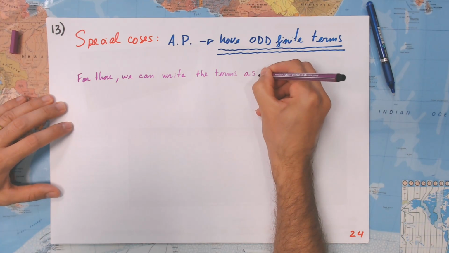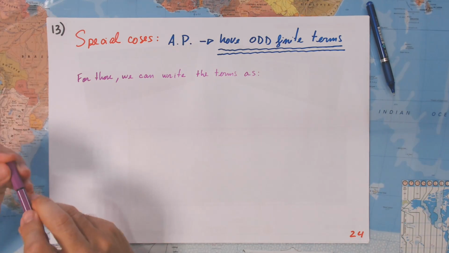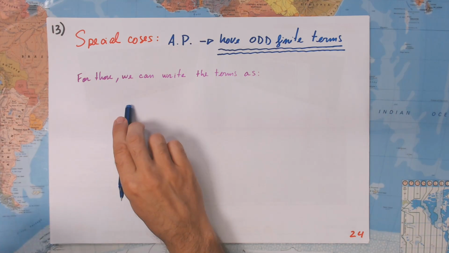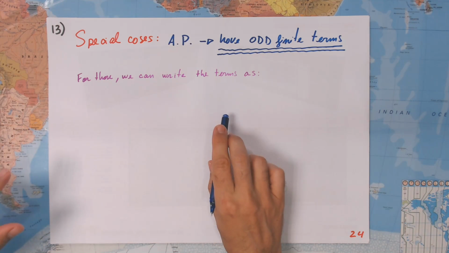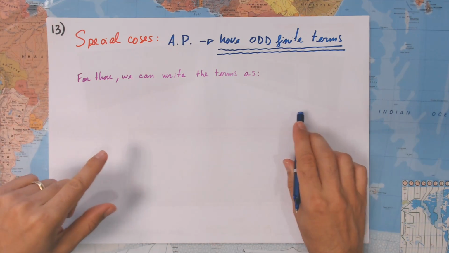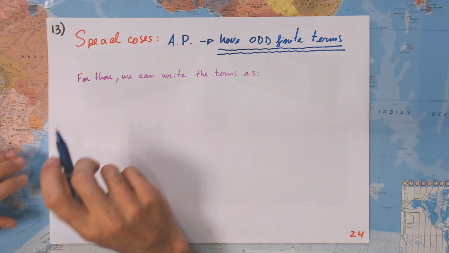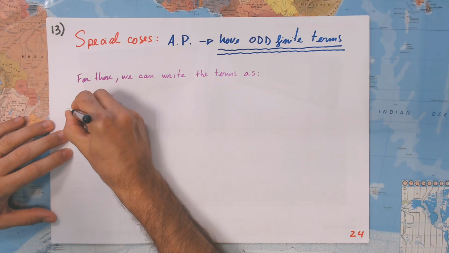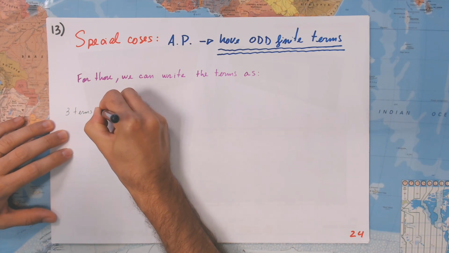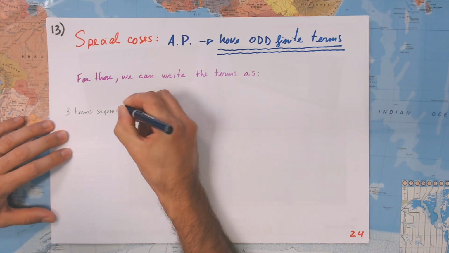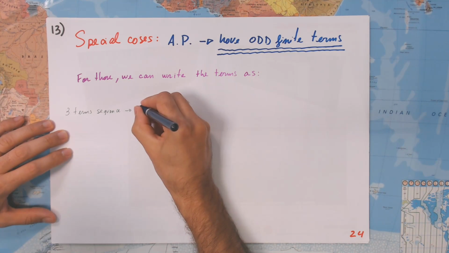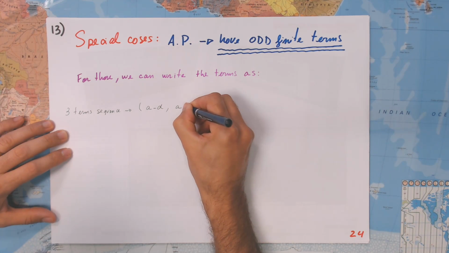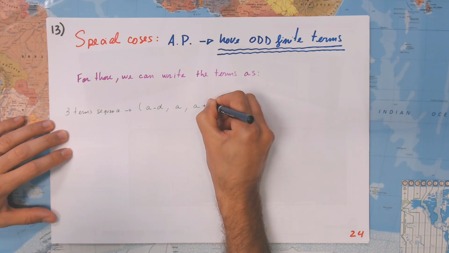as... How are we going to write those terms? Initially we write like this: a, then a plus d, a plus 2d, a plus 3d, a plus 4d, and so on. But now let's imagine we have a 3-term sequence. How are we going to write those terms? It's going to be a minus d, a, a plus d.